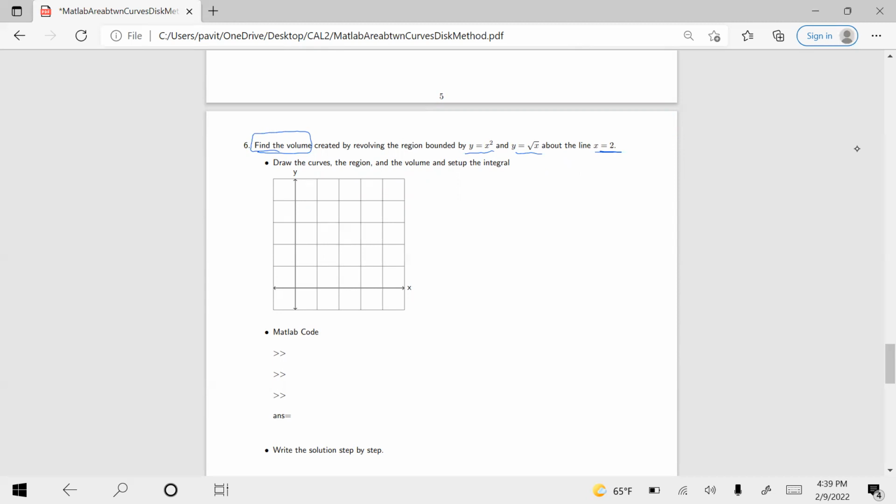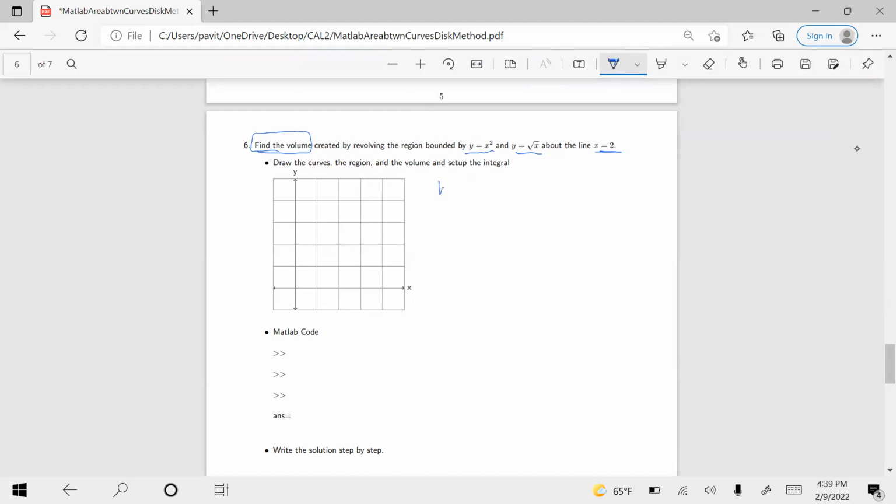So I will give you just a hint. You can use the washer method. Okay, I will not go deep into this. You can take a look at your lecture notes if you want to. So the formula for volume must be pi R square minus pi r square.